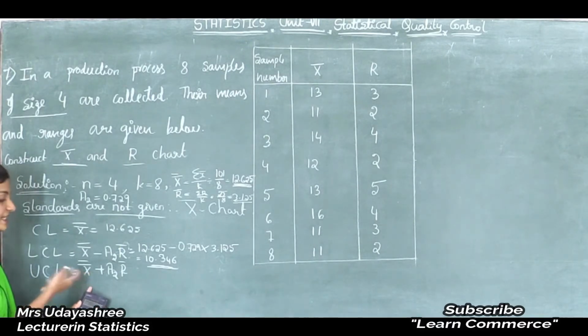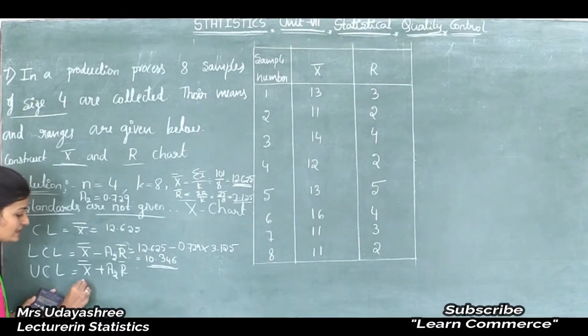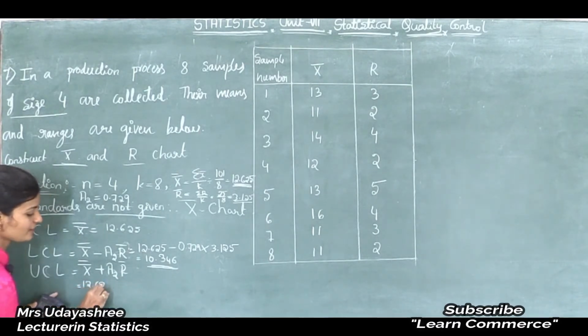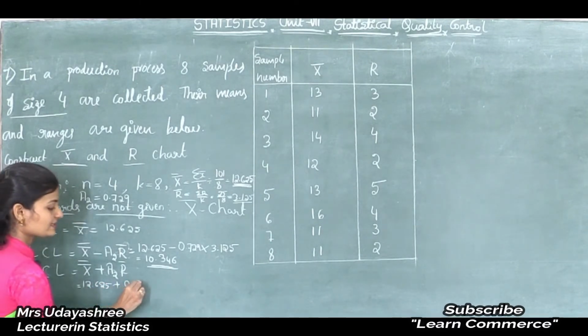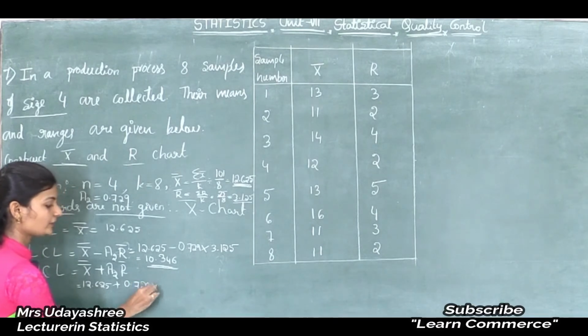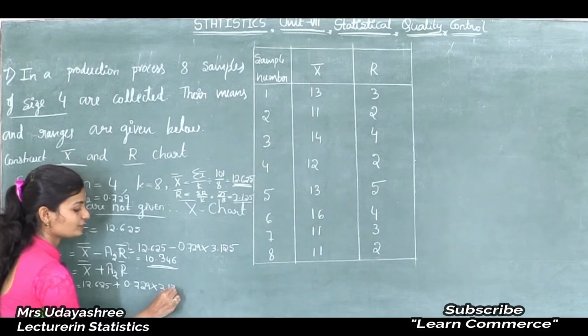Using this formula, that is X double bar plus A2 into R bar. Here X double bar is 12.625 plus A2. A2 is 0.729 into R bar. R bar is 3.125.